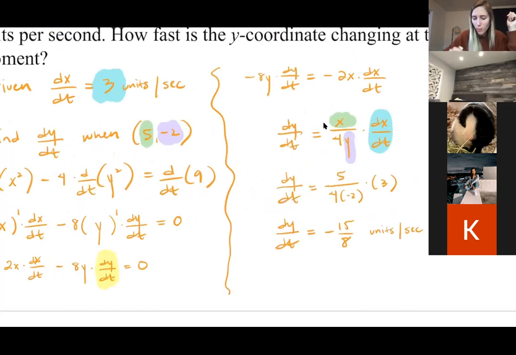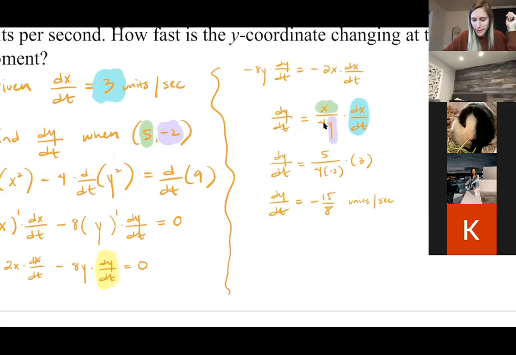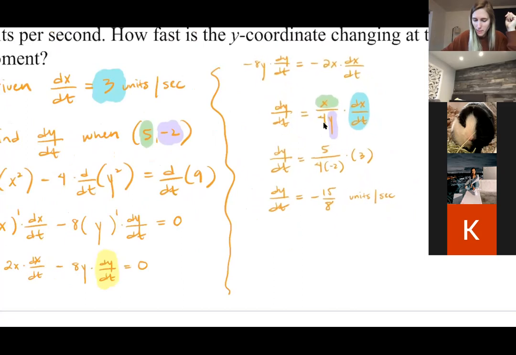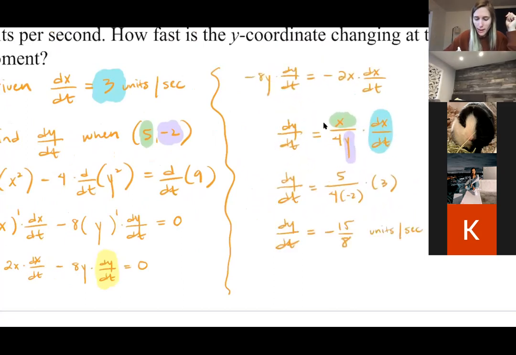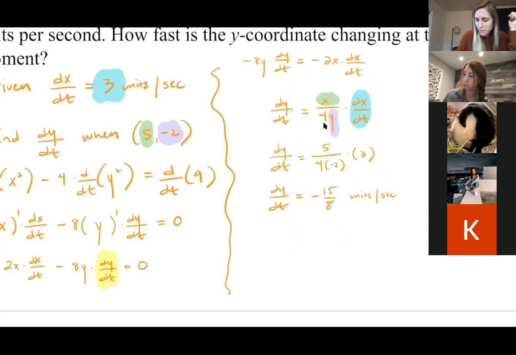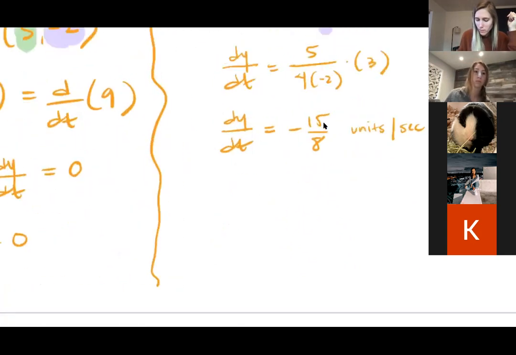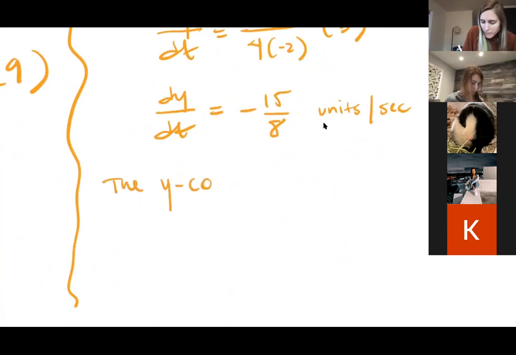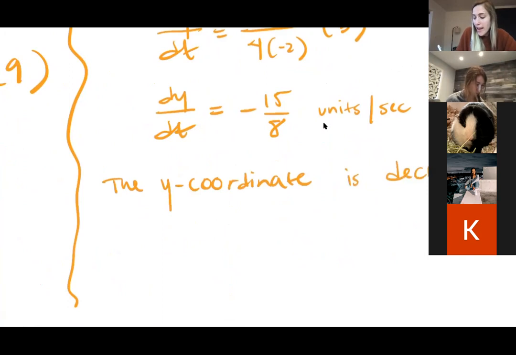And then this is a word problem, so we do want to summarize with a sentence. I think that summarizing with this sentence also helps us understand what these numbers mean. So we can say that the y coordinate is decreasing because we got a negative rate.